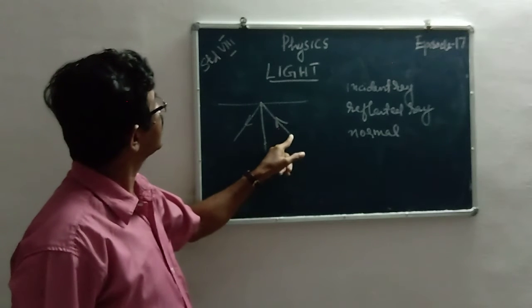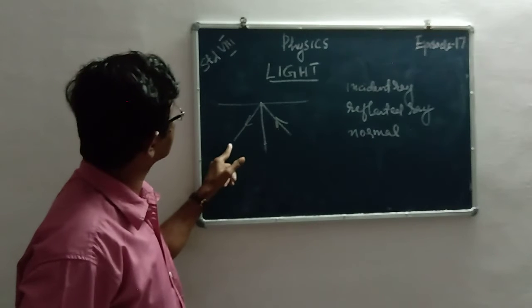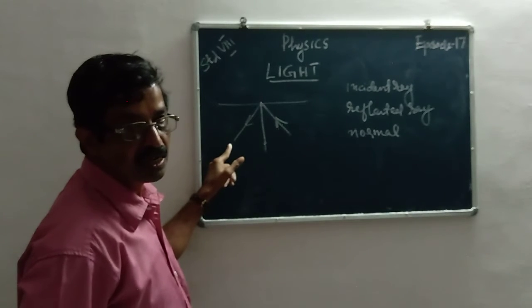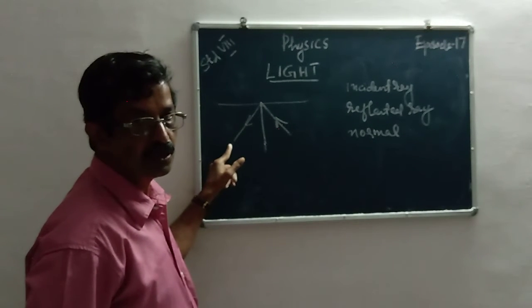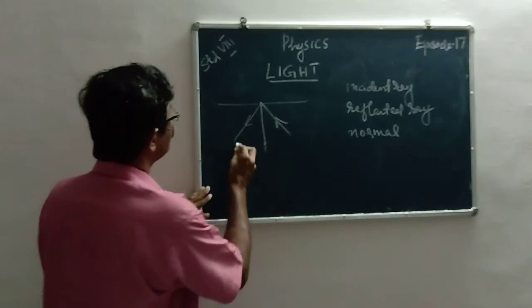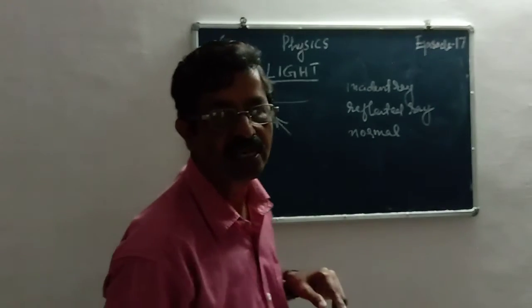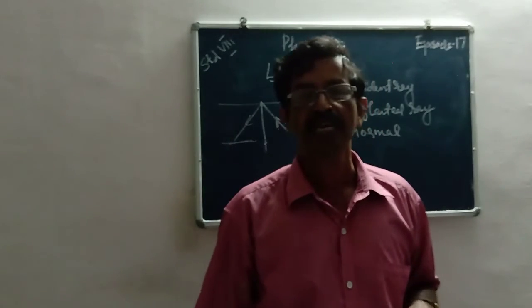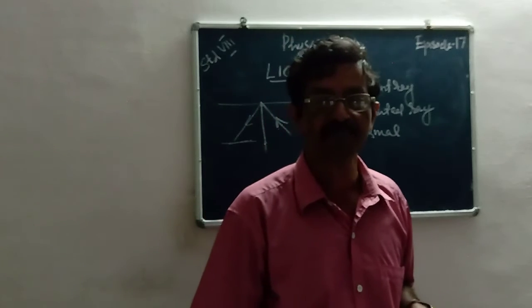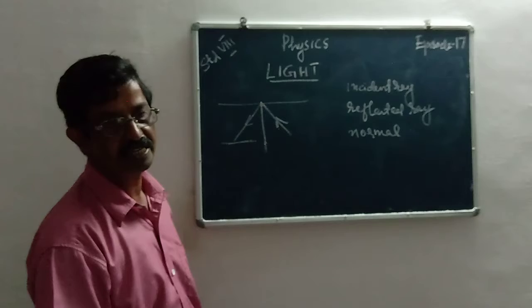Then see, the incident ray is falling. We can see the reflected ray also on the sheet of paper. But when we fold this part, that is the reflected ray part, again we observe. Can we see the reflected ray there? Now we got to see the reflected ray at this position.